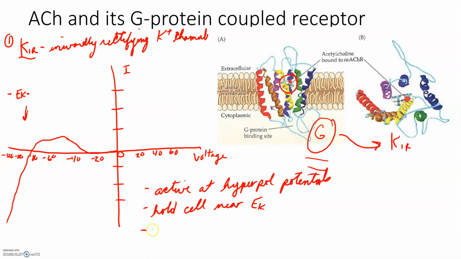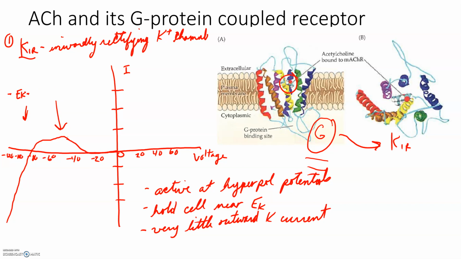There's very little outward potassium current that they pass. So when we think of voltages where potassium would want to leave the cell, what we see right here is that it does, but only in very small amounts.